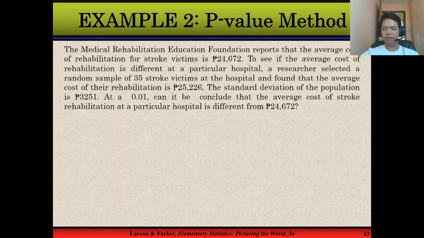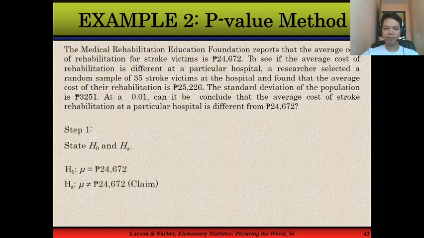Okay, so how are you going to state the null and the alternative hypothesis? Okay, ang tanong dito, can it be concluded that the average cost of stroke rehab at a particular hospital is different? So, ibig sabihin, not equal to 24,672. So that is your alternative hypothesis.